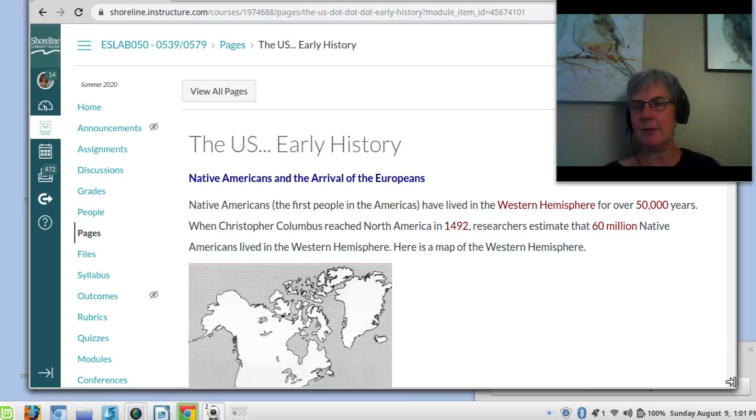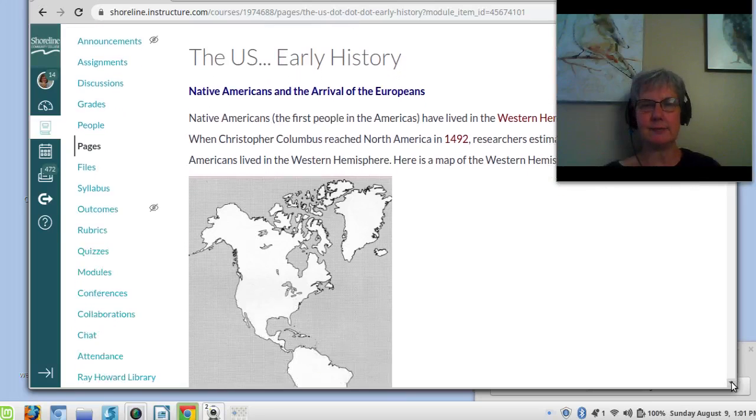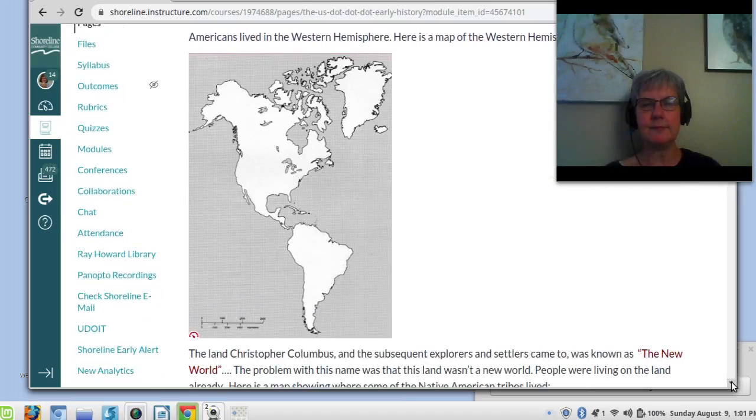Here is a map of the Western Hemisphere. This is the Western Hemisphere. So there were 60 million Native Americans here, researchers estimate, in 1492 when Christopher Columbus sailed here, and he went to the Caribbean first. That's a lot of people.